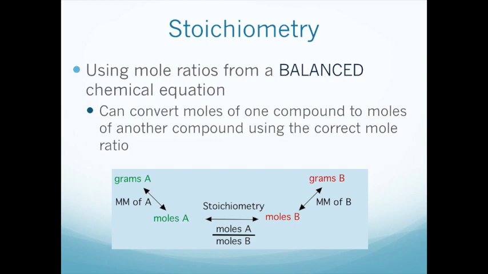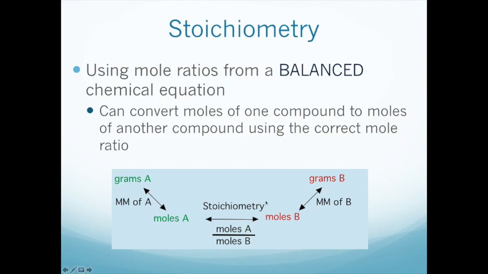So we use mole ratios from balanced chemical equations to convert moles of one compound to moles of another compound in the following way. We start with grams of A. We use the molar mass of A to convert to moles of A. Say you weigh out 10 grams of your reactant. You can figure out how many moles that is.